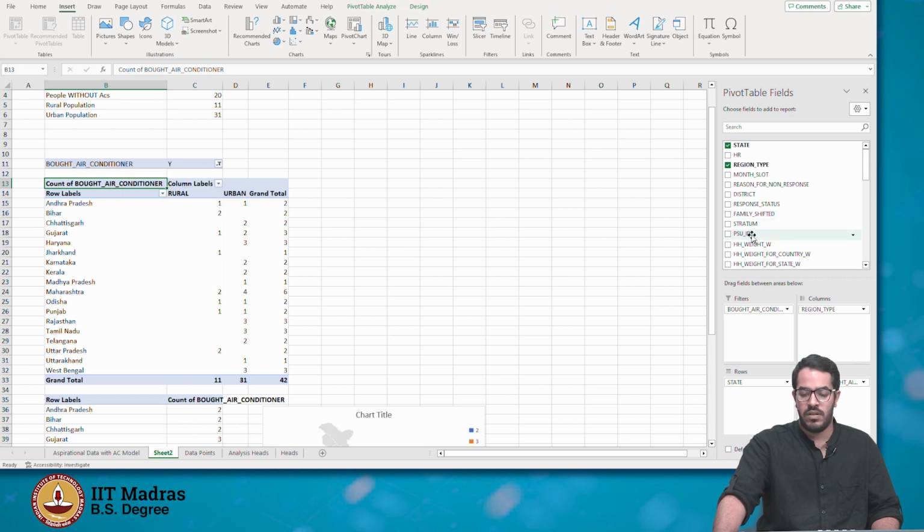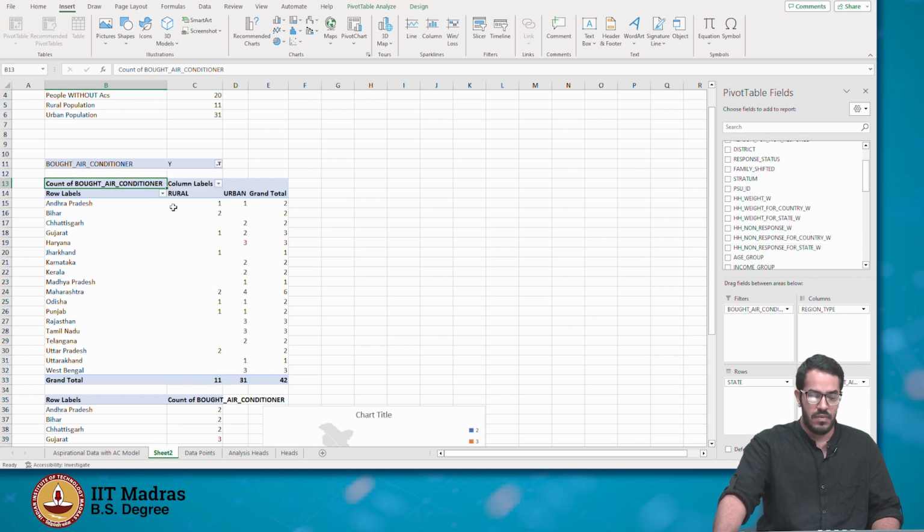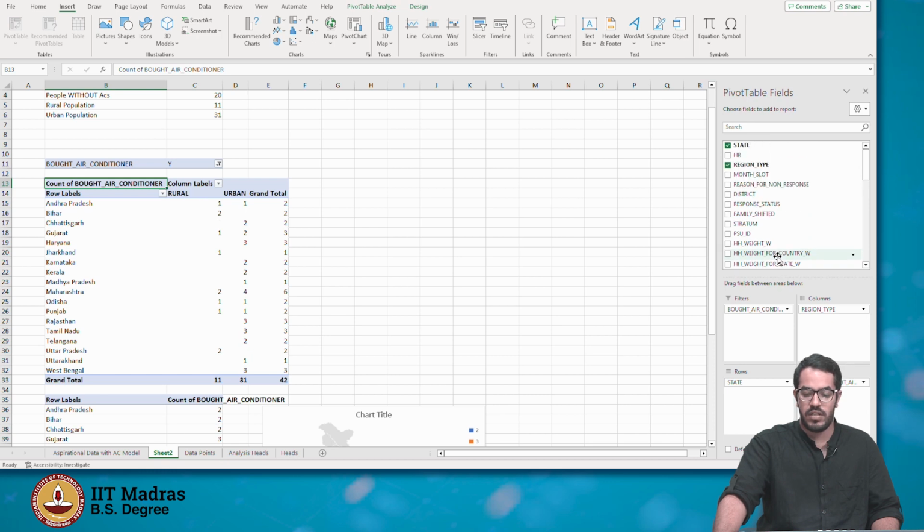And moving further, we also wanted to figure out how many of them are from a rural background, how many of them are from urban background. So I wanted a column wise bifurcation of how many people are coming from which region type. So I selected the region type and dragged it to the column section.